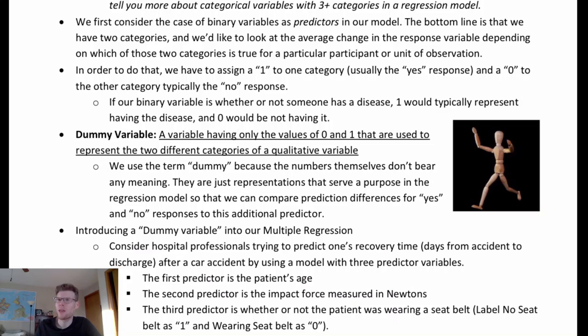So we're not worrying about that case because it's a little bit more complicated. We're only worrying about this binary variable where there are two categories. So either the 1 category is true and we add a term to the model to adjust our prediction, or the other category is true and we don't add that term and our model stands to represent that other category.